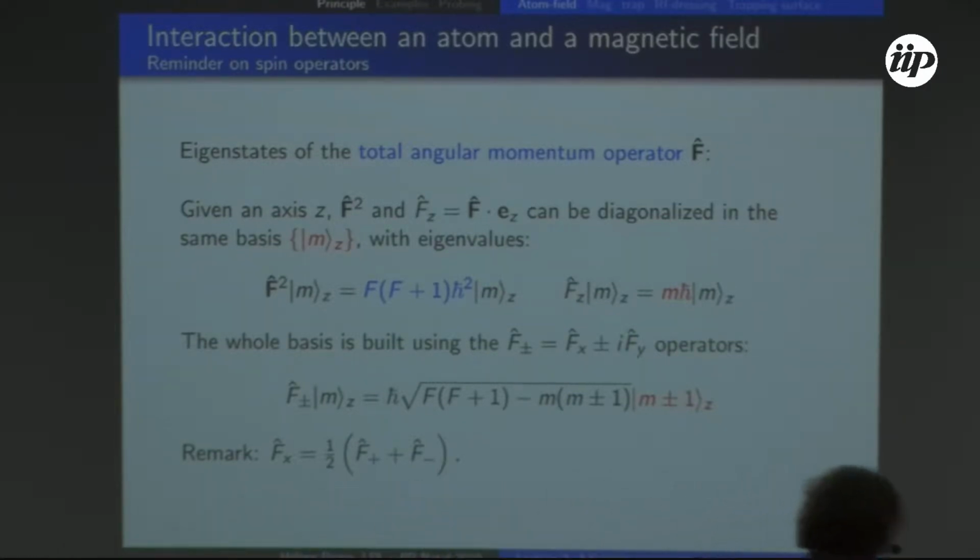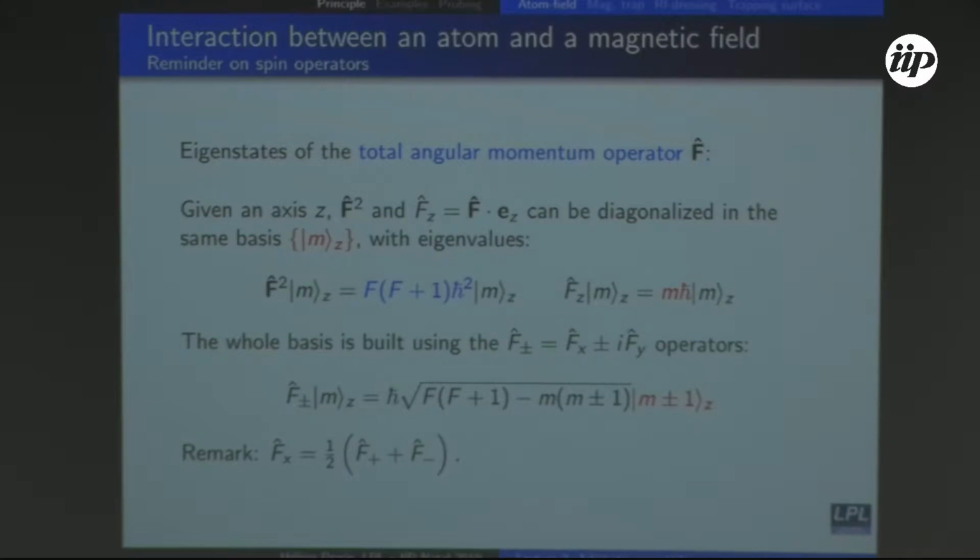It is the sum of J plus I, where J is the sum of L plus S. And what are all those things?